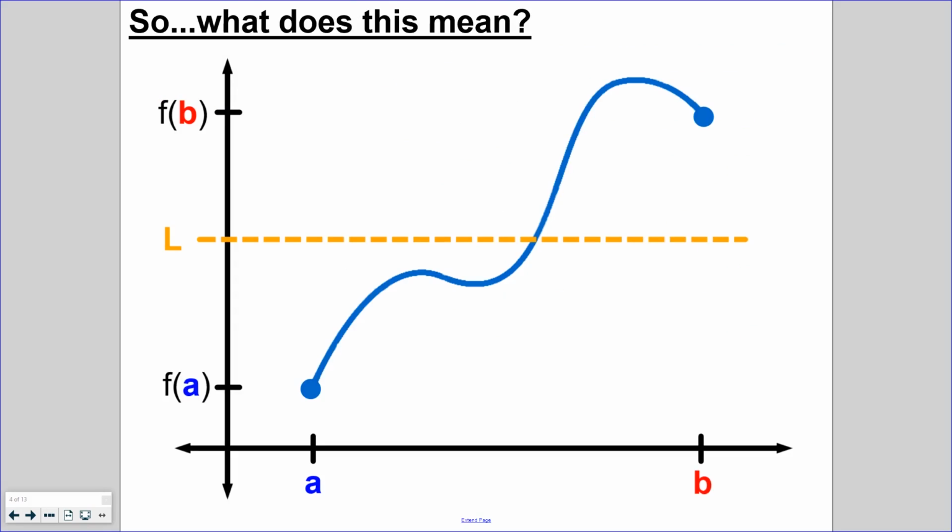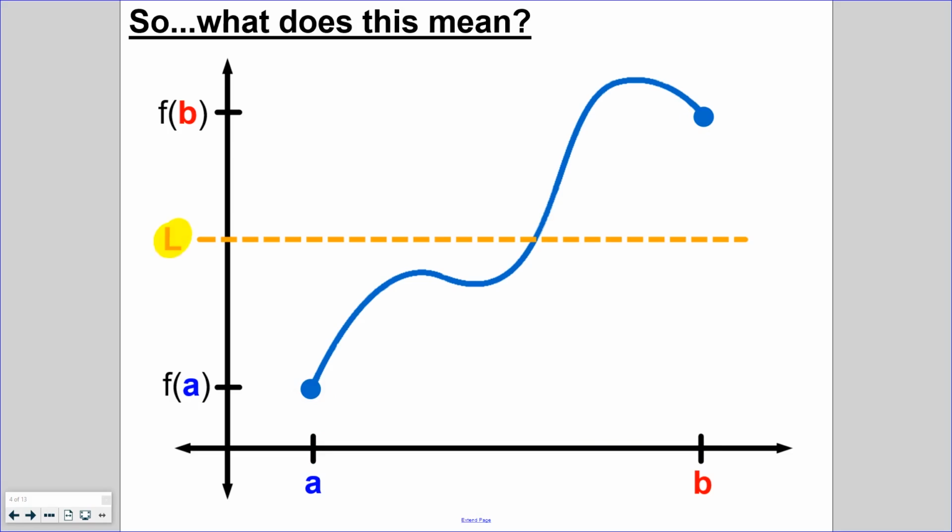Well, as you can see here, we have a graph. We have a, b. So we have our a and we have our b value. We can see the function is continuous on the closed interval a to b, meaning that it exists everywhere in between a and b. So it's continuous on a closed interval.